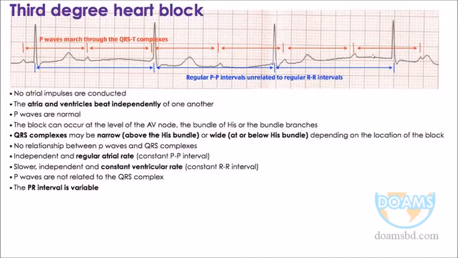Maybe around 40, less than 40, if you calculate by yourself. So if any heart rate is less than 40, our intelligence will guide us to check whether there is complete heart block or not. This is the trick. So remember the heart rate in favor of complete heart block. This is very simple to remember.